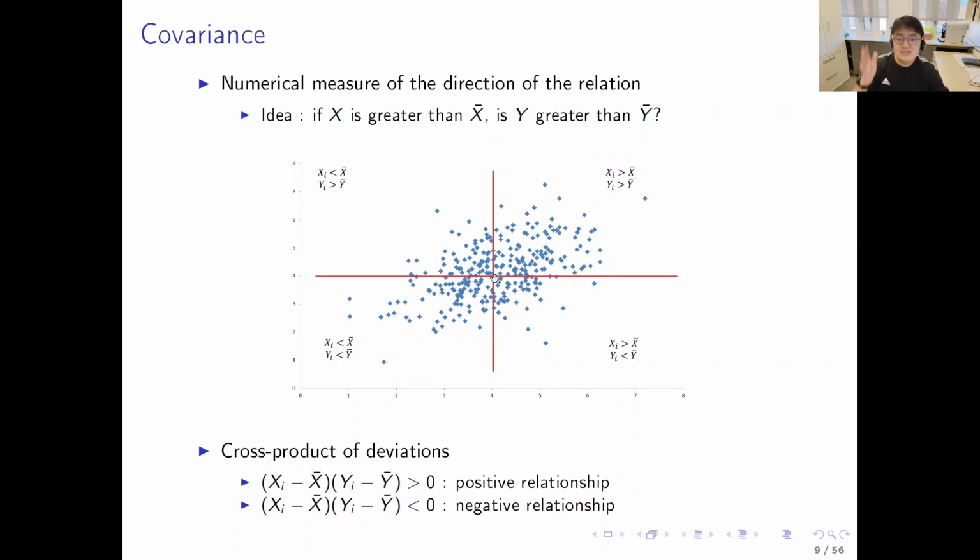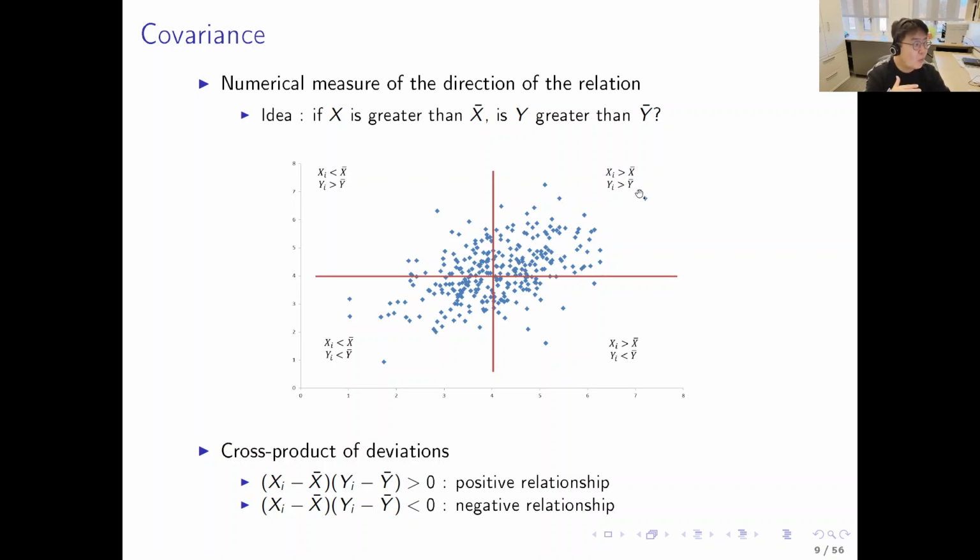So the basis is the origin of the quadrant is the mean. We choose the mean, the average of x and average of y, as the center and divide the observations into 4 quadrants, right? So the observations in the first quadrant will be interpreted as x increased from its mean, its average, so it's the right side of x bar.